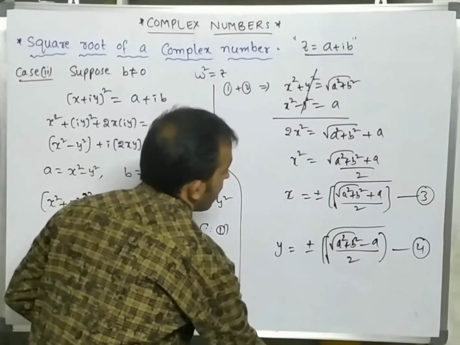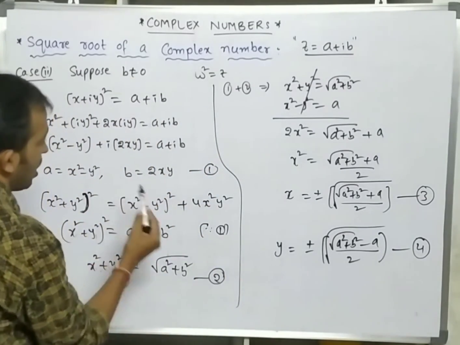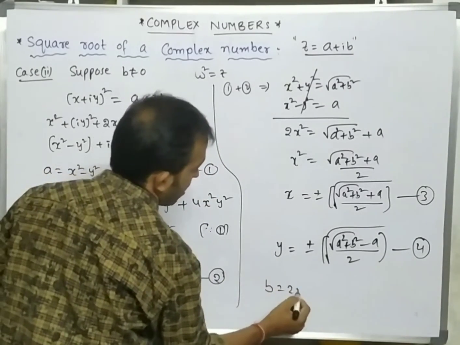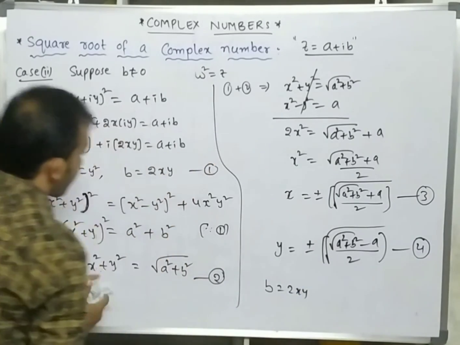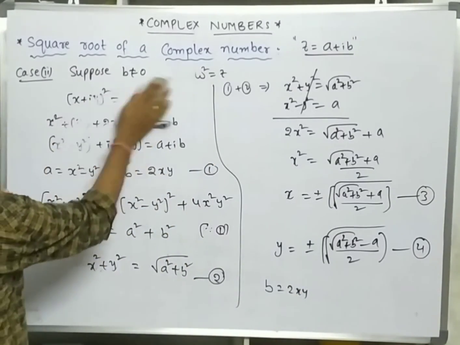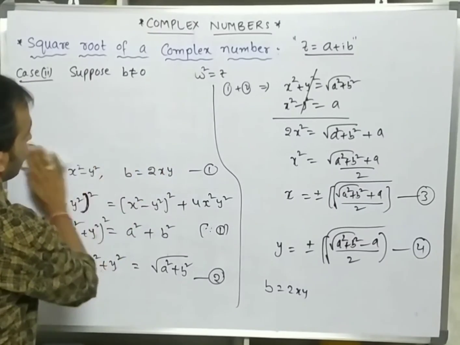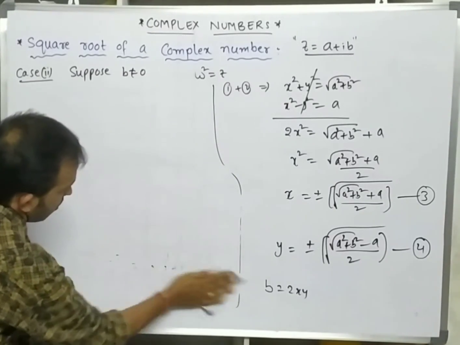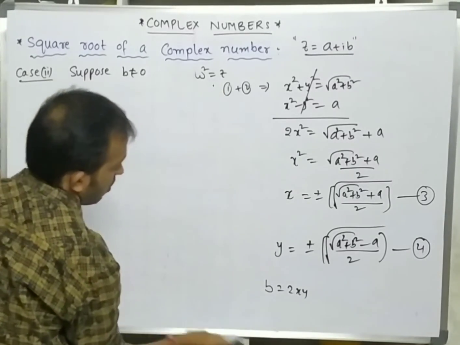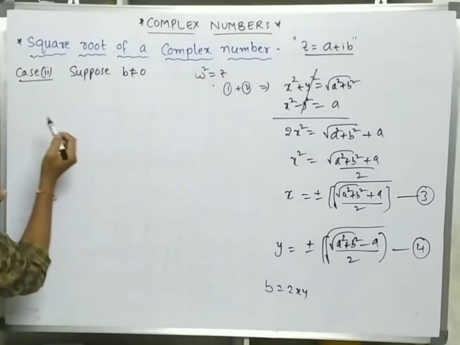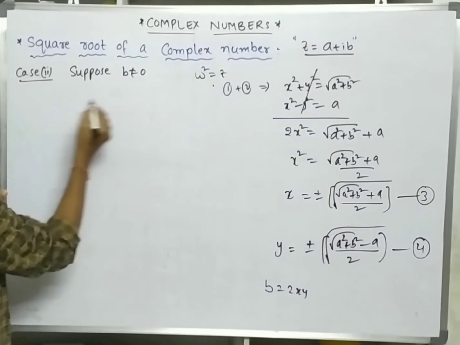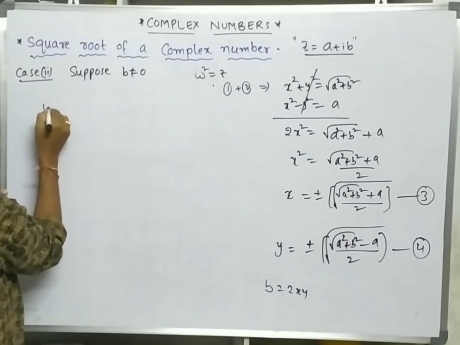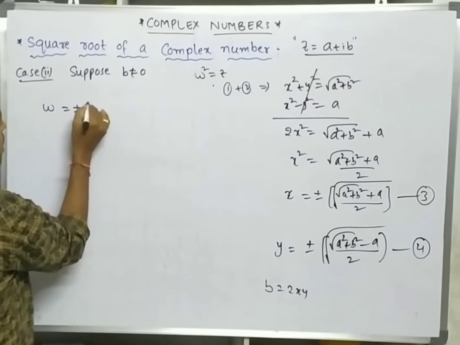Now here we have some two observations. Here b is equal to 2xy, right? Now if w square is equal to z, then w is equal to plus or minus root z.